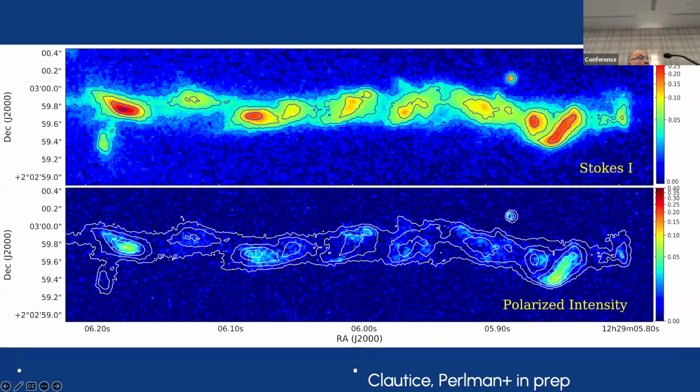The seed photons are the CMB. So here we have very strong evidence that it is synchrotron, because we see high polarizations. Just for reference, we're talking about polarizations between 10 and 40% in the jet of 3C273.